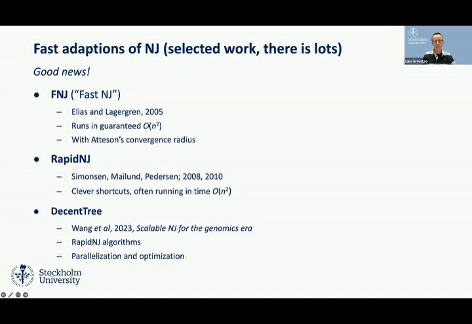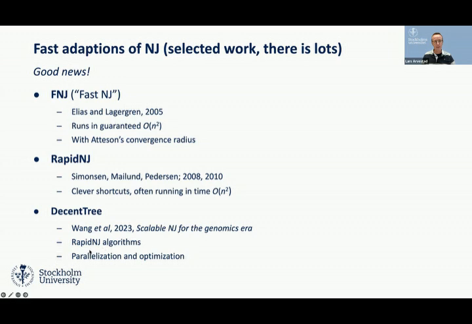So we have changed the heuristic somewhat, in two different ways, as two possible ways to go. But you can also work on the engineering side of the problem if you want to make neighbor joining work feasibly. And last year we had Wang et al., the IQ-TREE crowd, who presented a tool called Decenttree, which I think was inspired by their efforts in making COVID phylogenies.